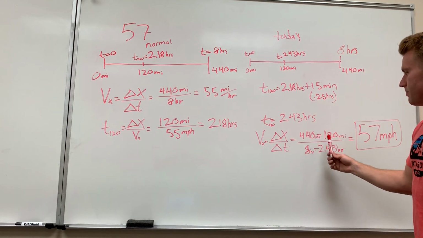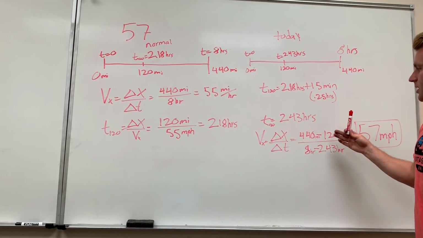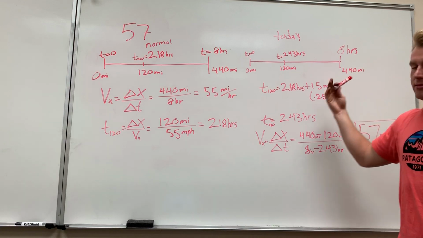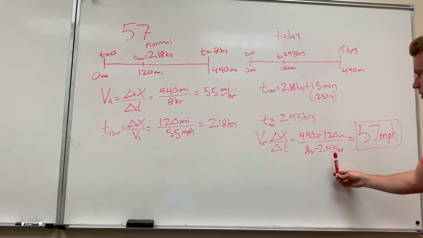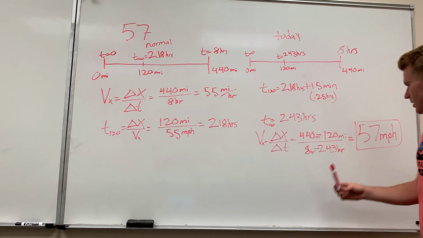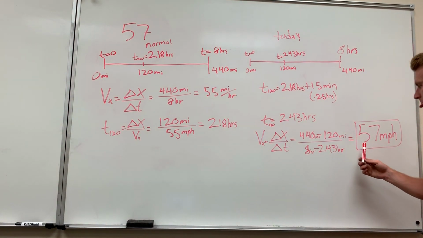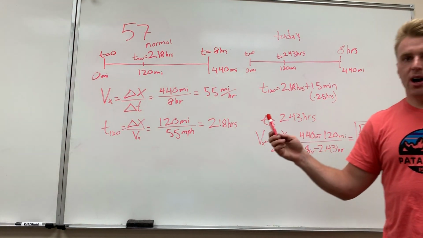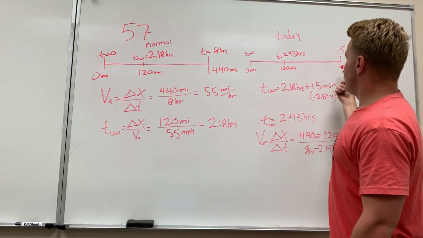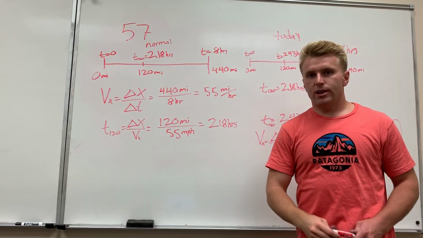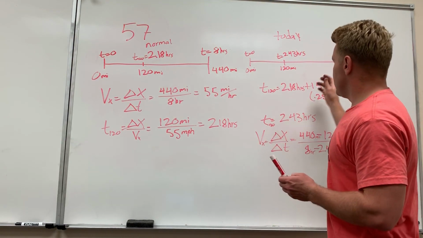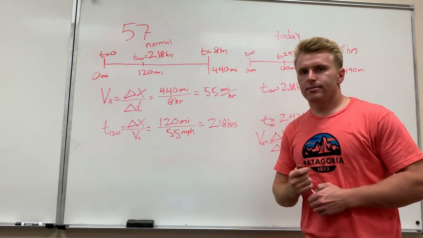So we do 440 minus 120, because that's the change in distance, and the change of time is 8 hours minus 2.43. So that calculated means that he needs to be going 57 miles per hour for the remainder of the trip, starting from mile marker 120 all the way to 440, in order to get there in the usual 8 hours that it takes him on a normal day.